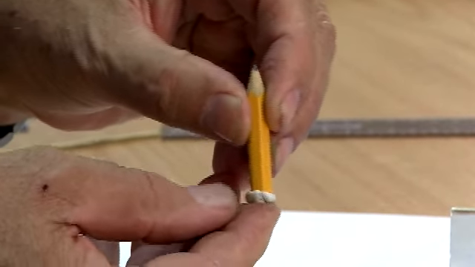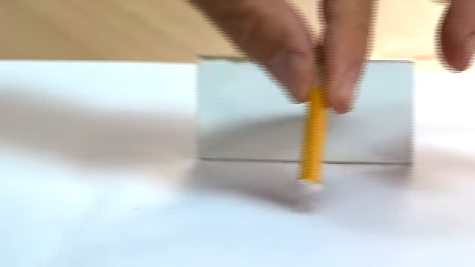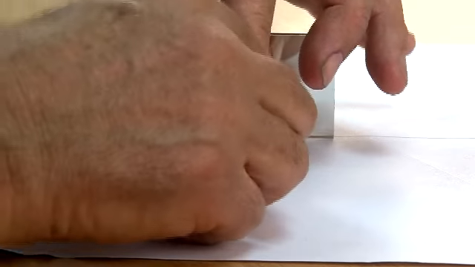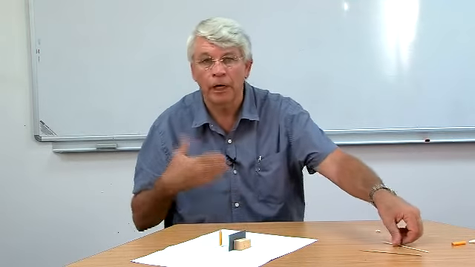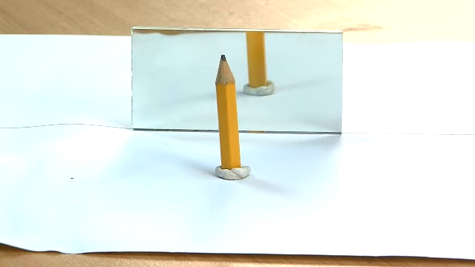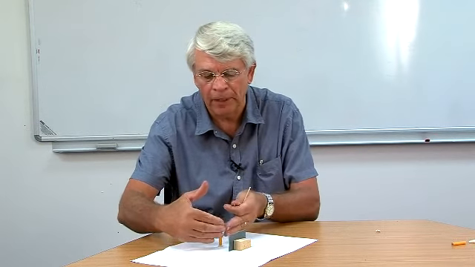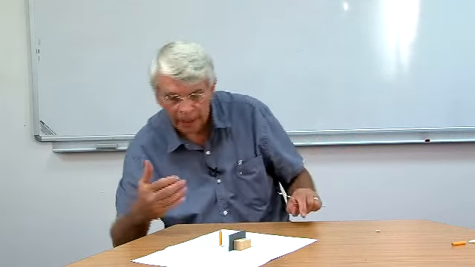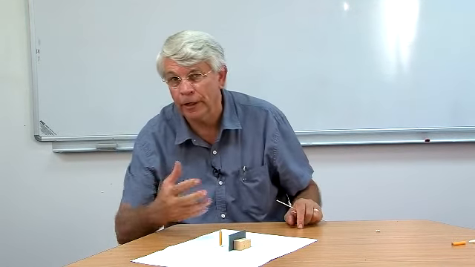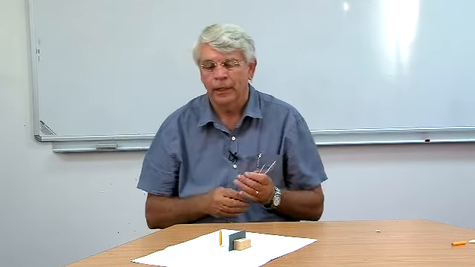Again, a little bit of press stick to hold the object upright in front of the mirror. And now I'm ready to trace the rays of light that are coming from external sources, bounce off that pencil, bounce off the mirror, and if I look at the image of the mirror, bounces into my eye.